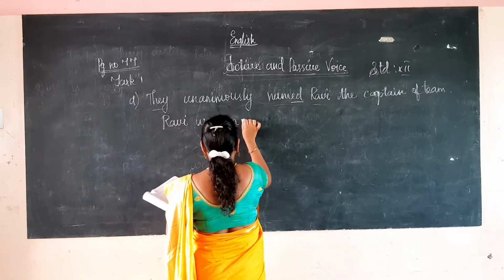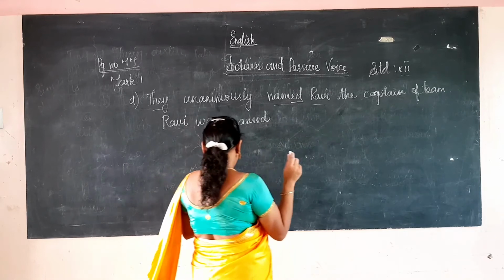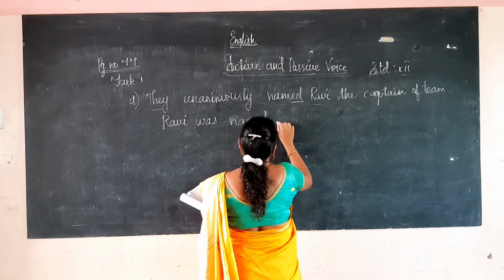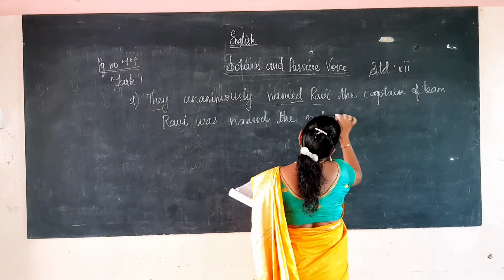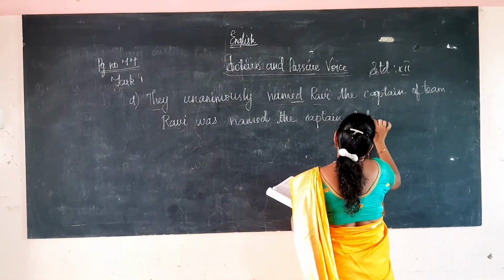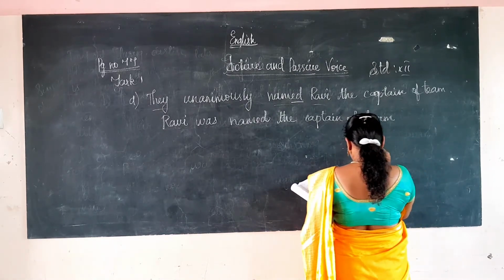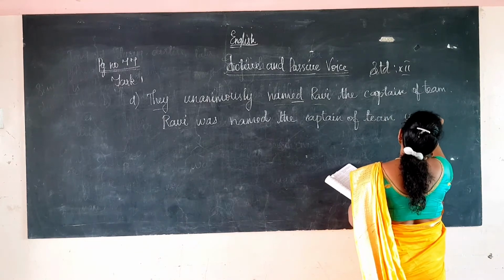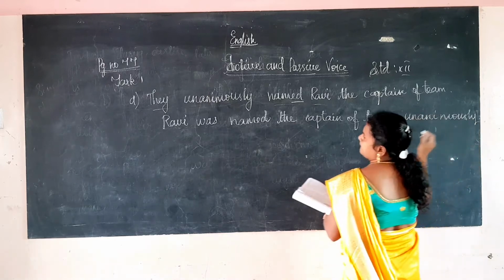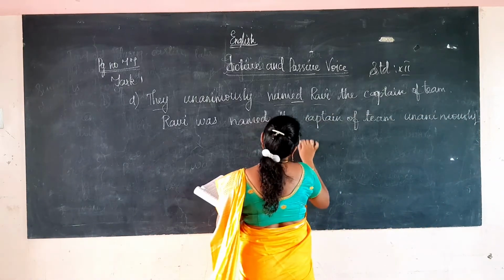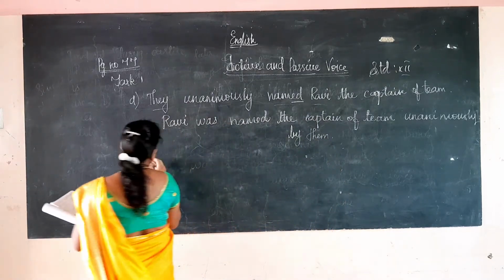Ravi was named the captain of the team unanimously by, they will change into them. The objective form of they is them.